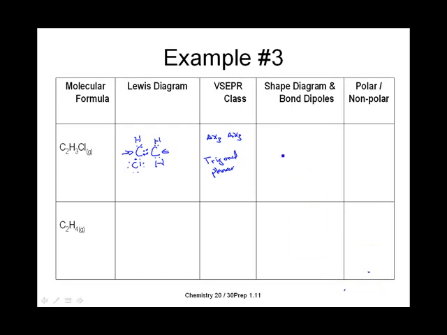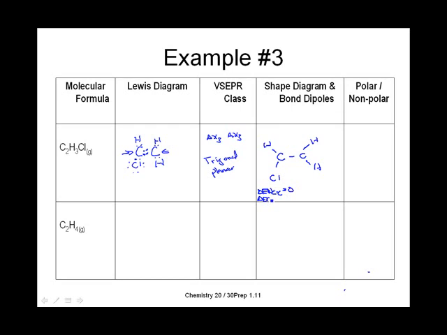So we have 2 carbons, hydrogens, chlorine, hydrogen. Now, if we take a look, the carbon-carbon bond isn't going to be polar because the difference is 0. So our difference in electronegativity for a carbon-carbon bond is 0.